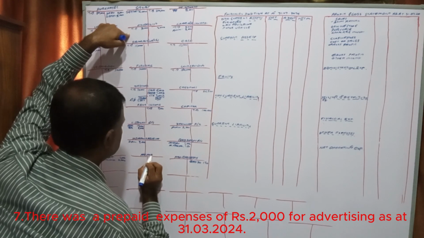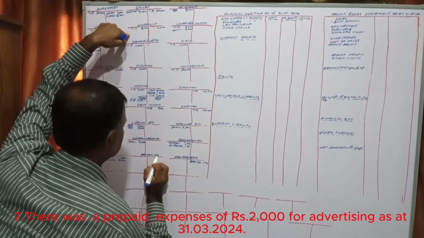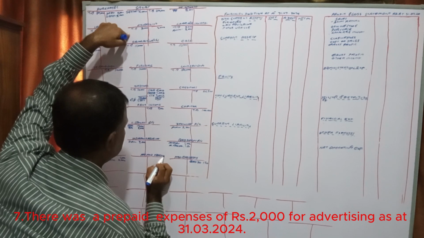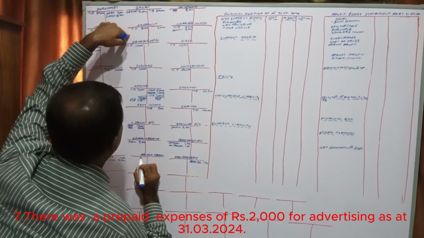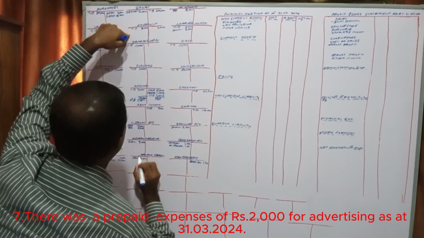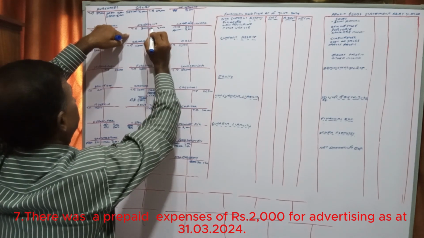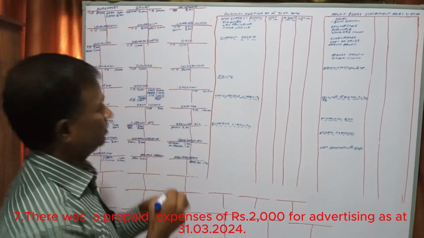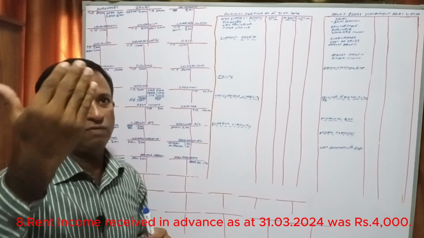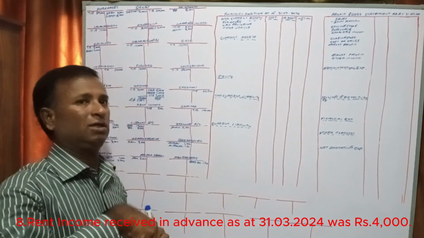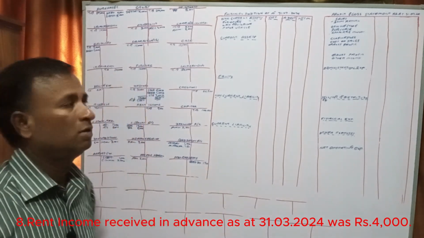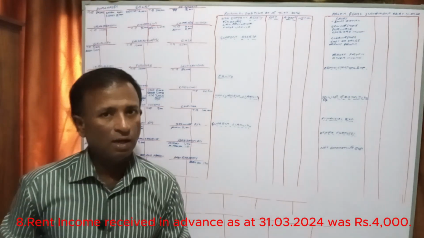Prepaid advertisement account debited 2000, right? Advertisement prepaid. Okay, we have paid in advance. The next year's advertisement expenses we have paid this year, the current year. So that is an asset for us, and we have treated it as a current asset.